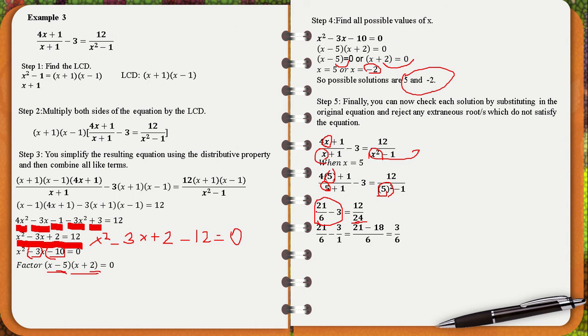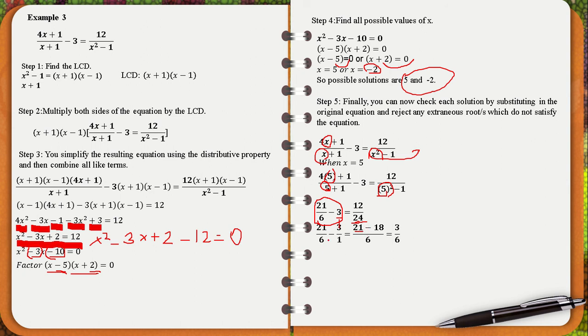So dito muna tayo mag-focus sa kaliwa. 21 over 6 minus 3. So ang denominator ng 3 ay 1. So between 6 and 1, ang LCD natin ay 6. So 6 divided by 6 is 1. 1 times 21 is 21.